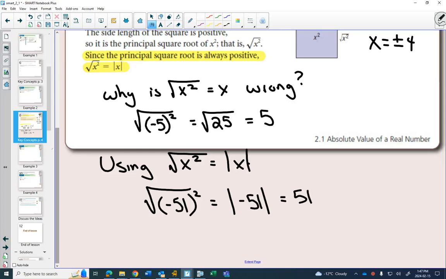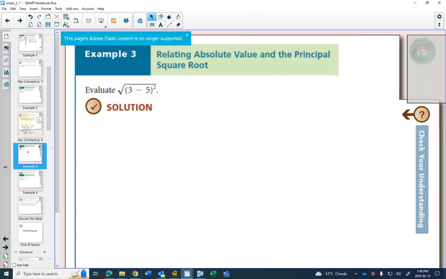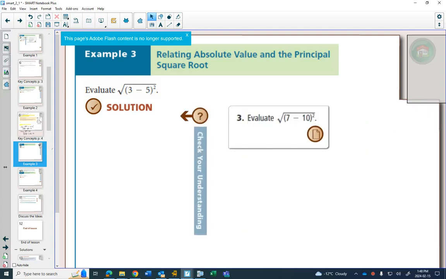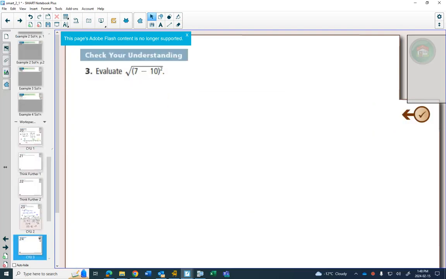So where does this come up in questions where we have to be careful? If you wanted to do this the long way, well, not long, it's not really that bad, we could do 7 minus 10 is negative 3.